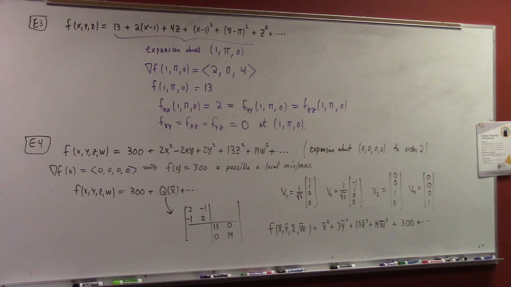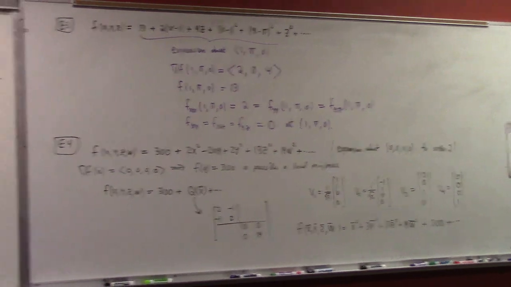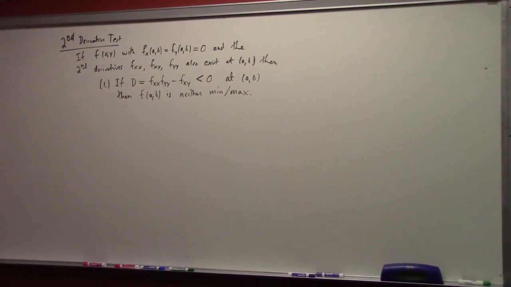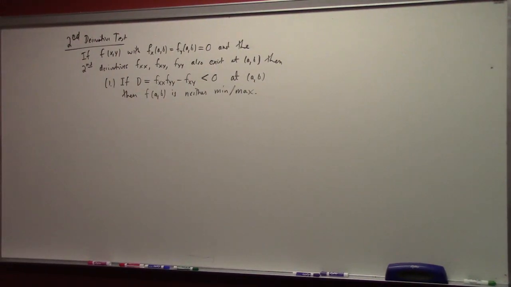All right, so if the big D is negative, then it was not a local max or min. It was basically a saddle. The surface z equals f of x, y is saddle shaped near the point, okay?